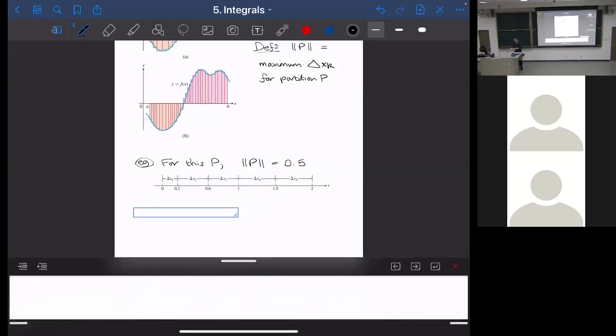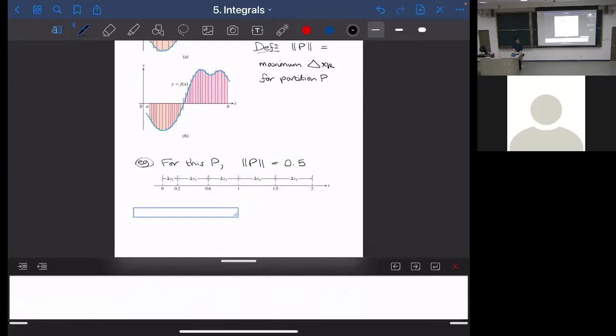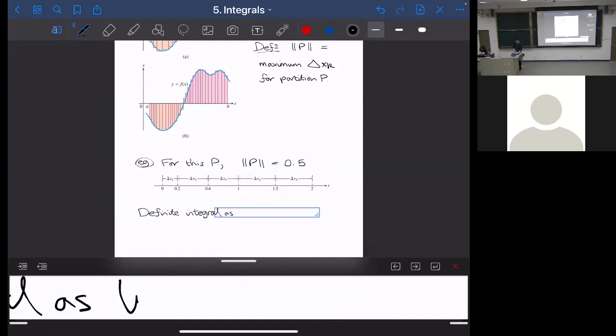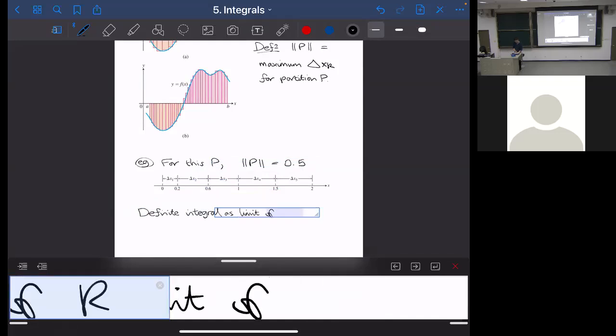So now I'll give the definition of the definite integral as the limit of Riemann sums.